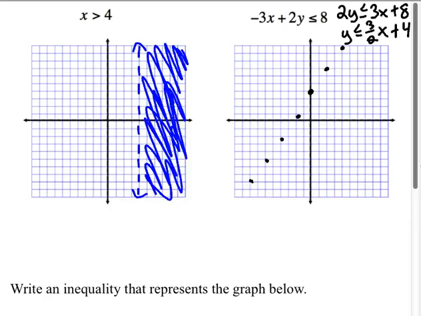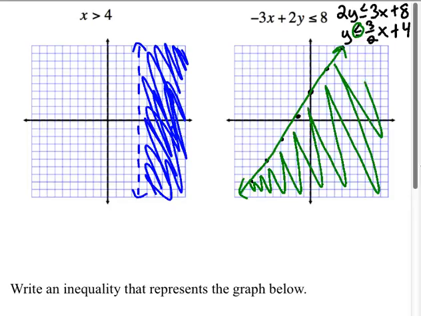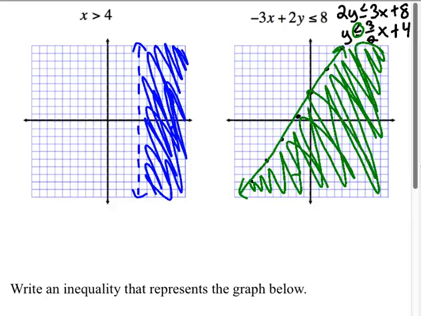Looking at that, it does have the or equal to piece, so I can make this a solid line, and it is less than, so I'm going to shade the underneath part, just like that. And now I'm finished.